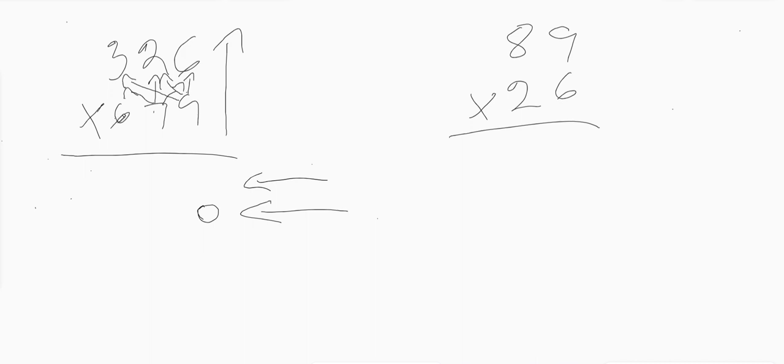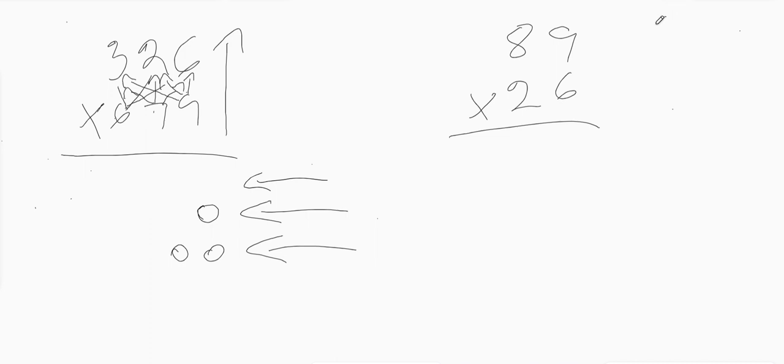Then your third row, because there's 3 rows here, in your third row, you're not using row 7 or row 9. So in your third row, you're going to have a 0 under the 9 and a 0 under the 7. And you're going to start working from the 6 and do 6 times 6, and then 6 times 2, and then 6 times 3. So I'm going to write these out for you so that you see what's going on.